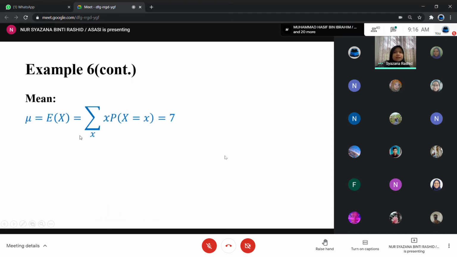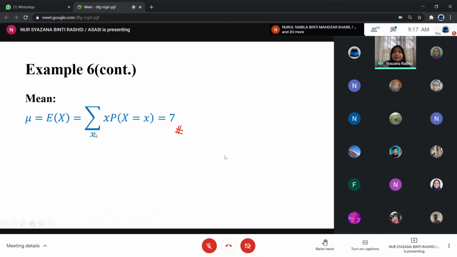Okay, so ini jawapan untuk mean. Macam I buat dua-dua, mu equals to EX. So you tak payahlah buat dua-dua. Kalau you nak guna simbol mu, tak payah guna simbol EX. Kalau you nak guna simbol EX, tak payah guna simbol mu. Okay. So ini cara untuk cari mean.